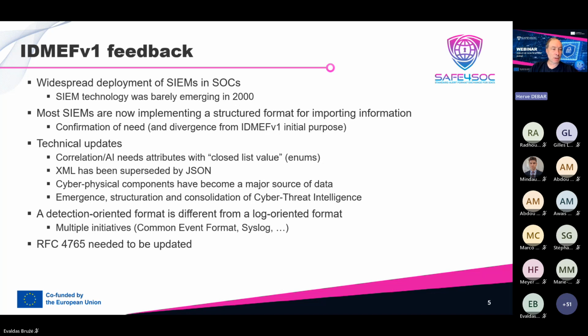We were keen on XML, but clearly today the format of the transport of choice would be JSON. We didn't see so many cyber physical systems by the time, but clearly they have become a major source of data. And we have also seen the emergence of cyber threat intelligence with its structuration. Some efforts were already there, but it has gained a lot of momentum and it's now implemented in SOCs largely.